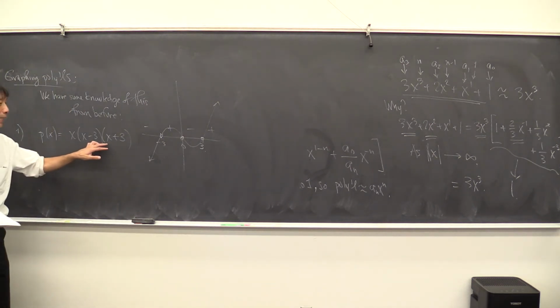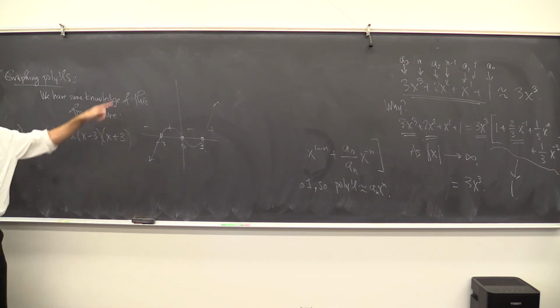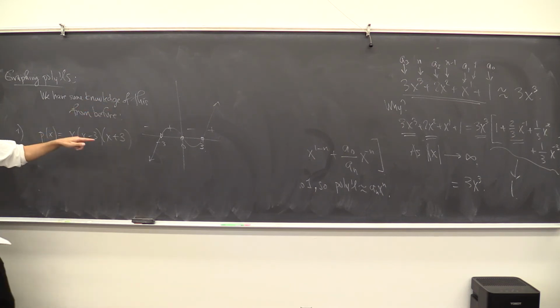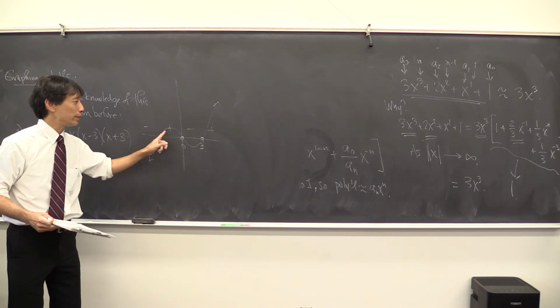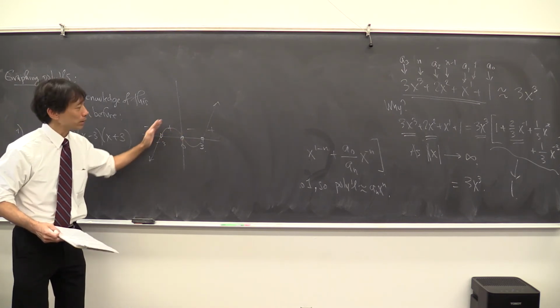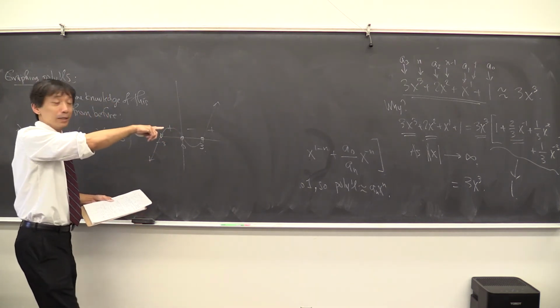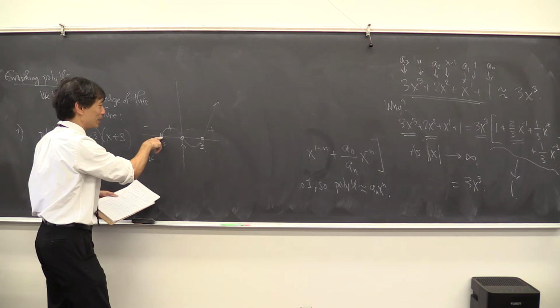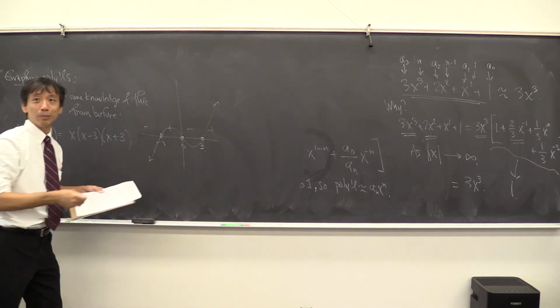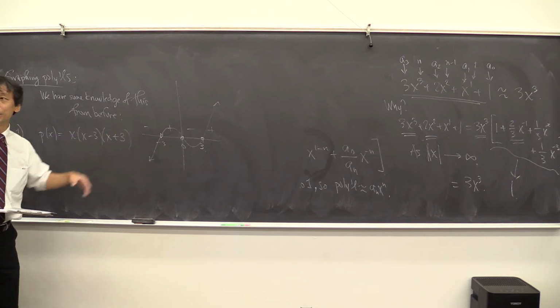Which you actually know already because it's a degree 3 polynomial, so you know it's going to look like a cubic. You didn't even need to plug in these things, because it's a cubic and it's got to start down here and end up there. At this point, you actually don't need to plug in things. You have some better sense of it.